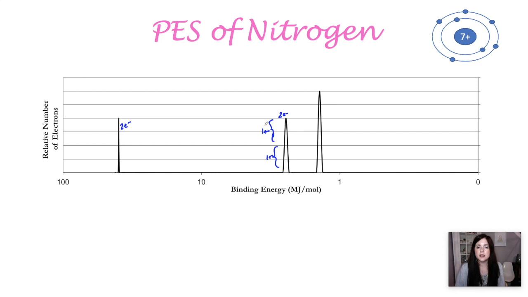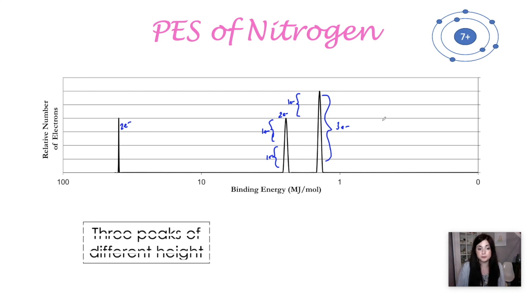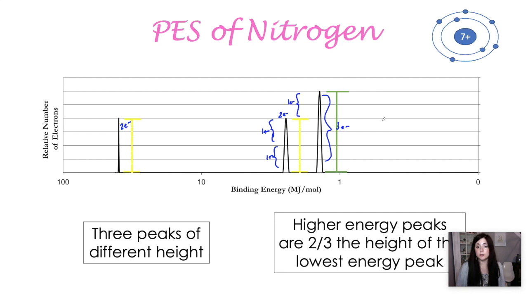So it looks like onto this next peak here, I'm adding 1 additional electron. So the total in this case is going to be 3. Those are your 3 2p electrons that are coming from that. So I have 3 peaks of different heights. The first 2 are the same. I do have an additional electron on that last peak there, which means that there is only 1 more.